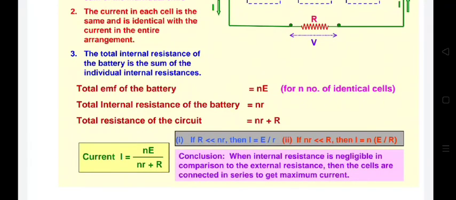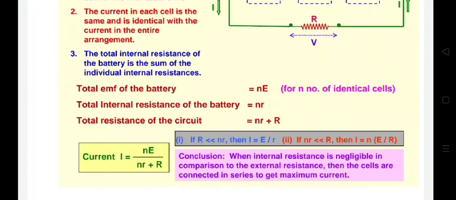Now we know that from Ohm's law V is equal to IR, so I is equal to V upon R. So here I is equal to total EMF upon total resistance, I equal to nE upon nr plus R. So current will be given by the expression I is equal to nE upon nr plus capital R. Now there are two conditions that will be arising.